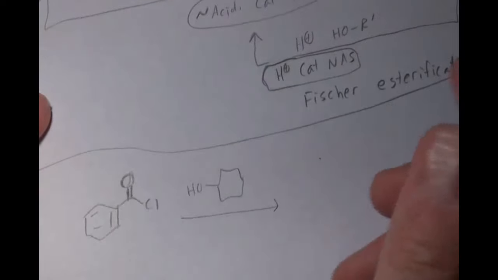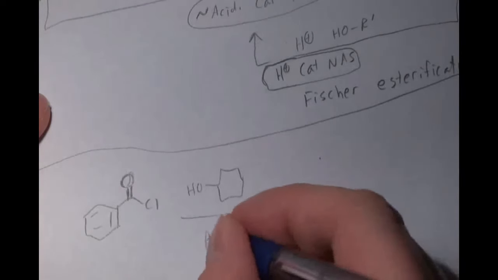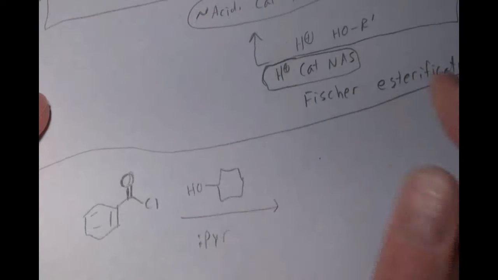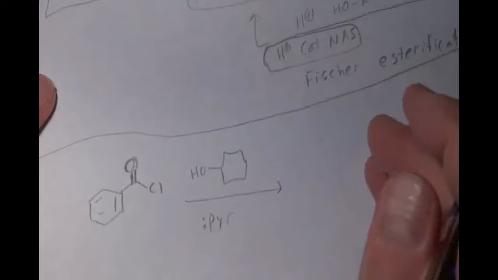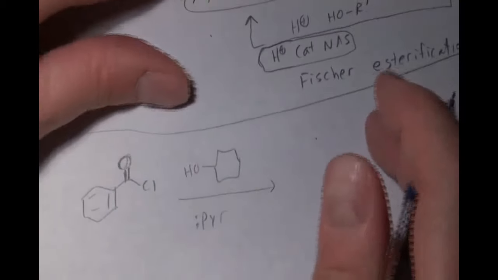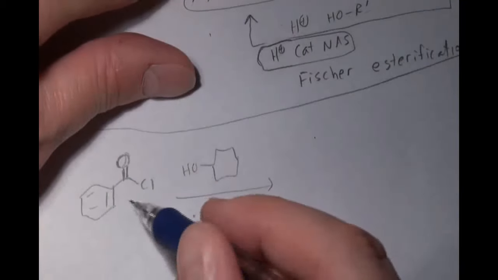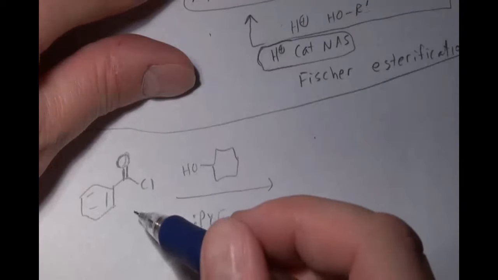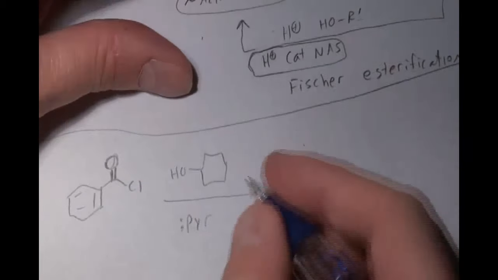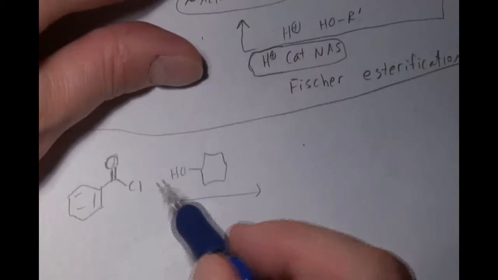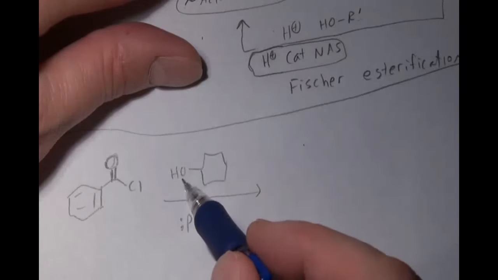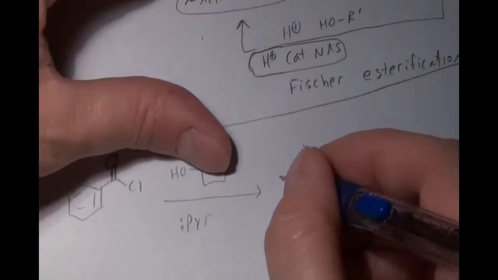Let's react with a cyclohexanol and pyridine. So is this acid catalyzed or base mediated? Well, no acid. And generally speaking, with acid chlorides, it's always base mediated NAS. You can imagine what the product is. We're just going to replace the chlorine with the alcohol, and we're going to make an ester.